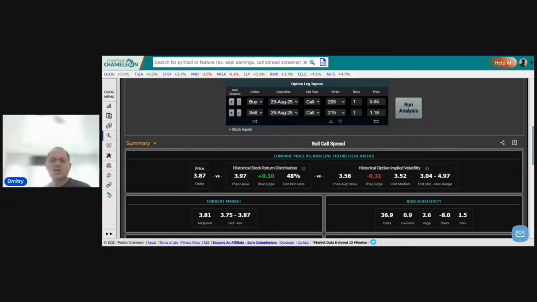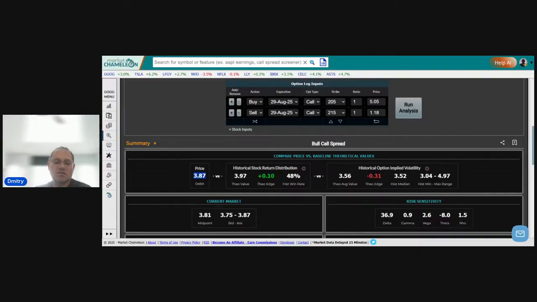So we want to see the historical win rate. In other words, in our study, in our observations, how many times did Google move in a way that made this 387 look profitable? In other words, the stock moved enough that this would at the end be worth more than $3.87.